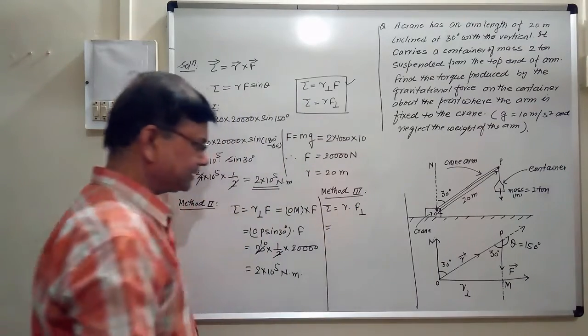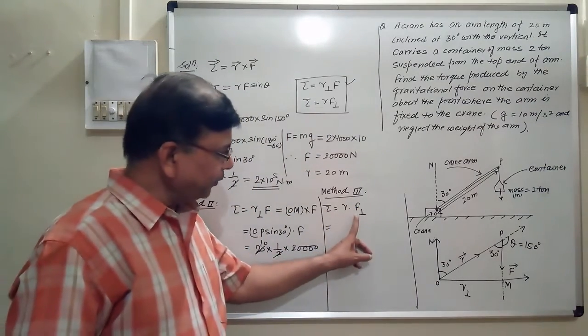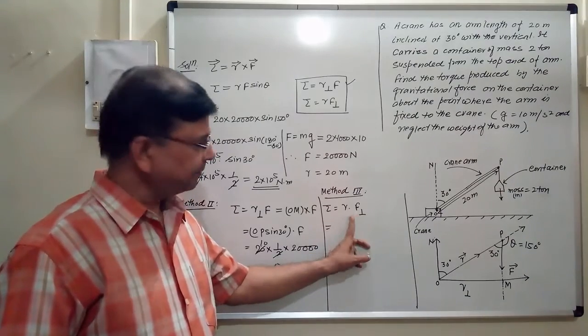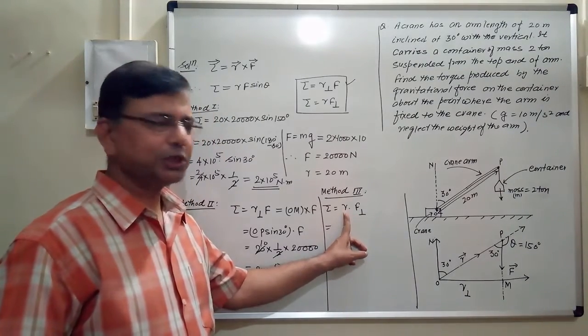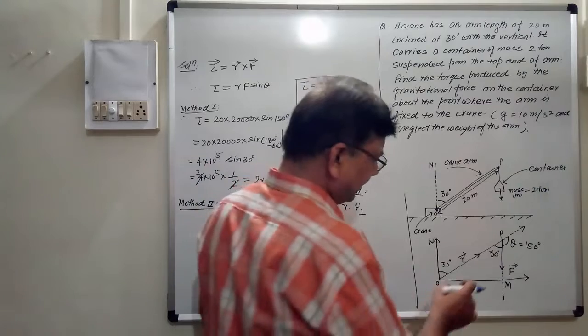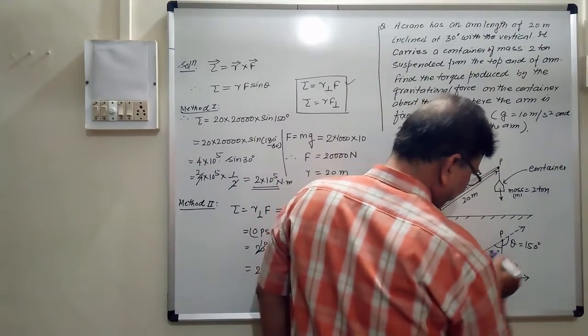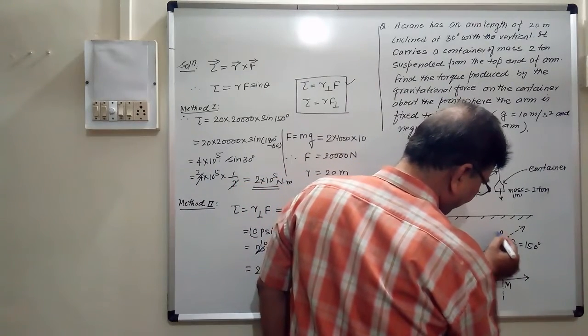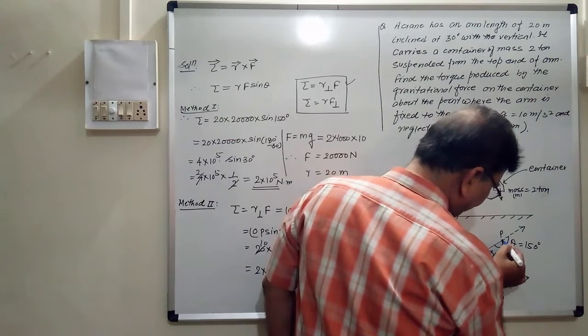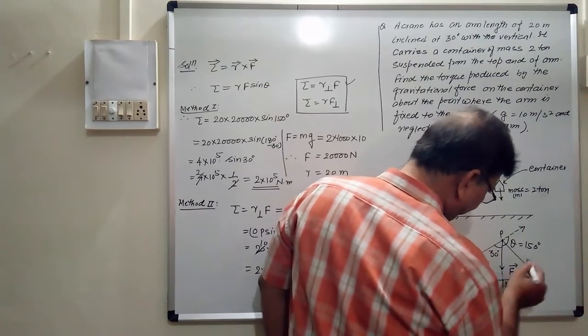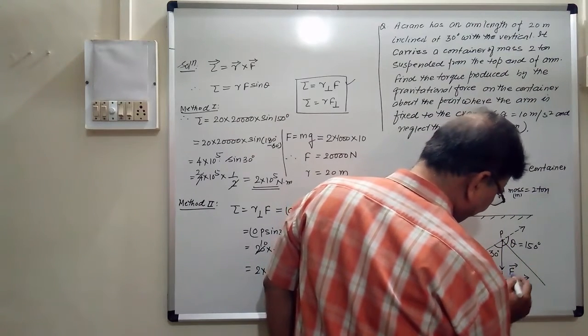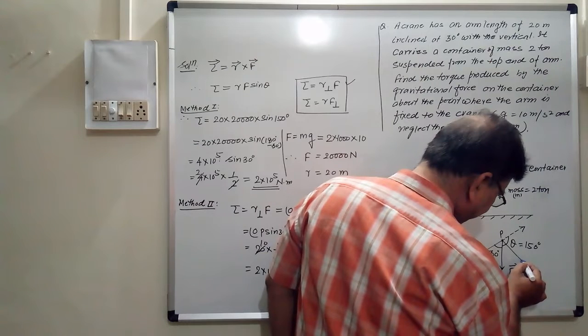What is the meaning of this? The component of force perpendicular to the position vector. See, this is the position vector. So if I draw a line perpendicular to this, the component of force perpendicular to it is this part.